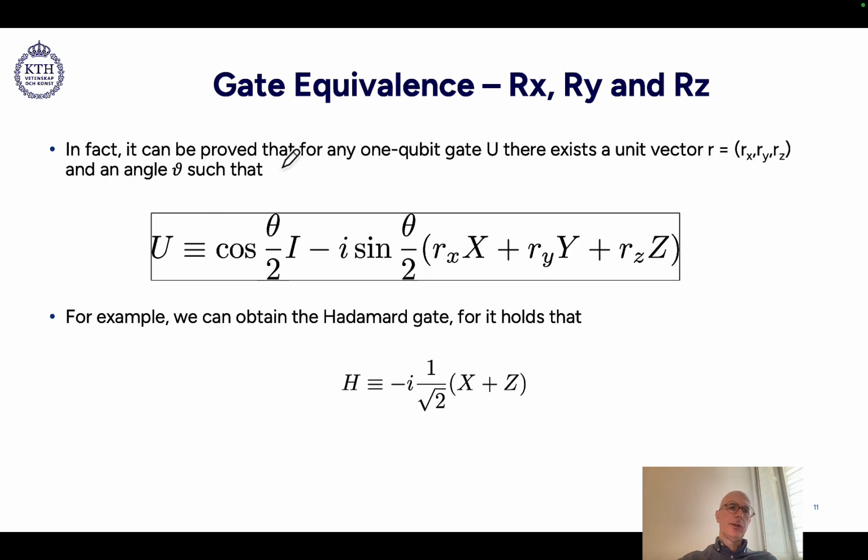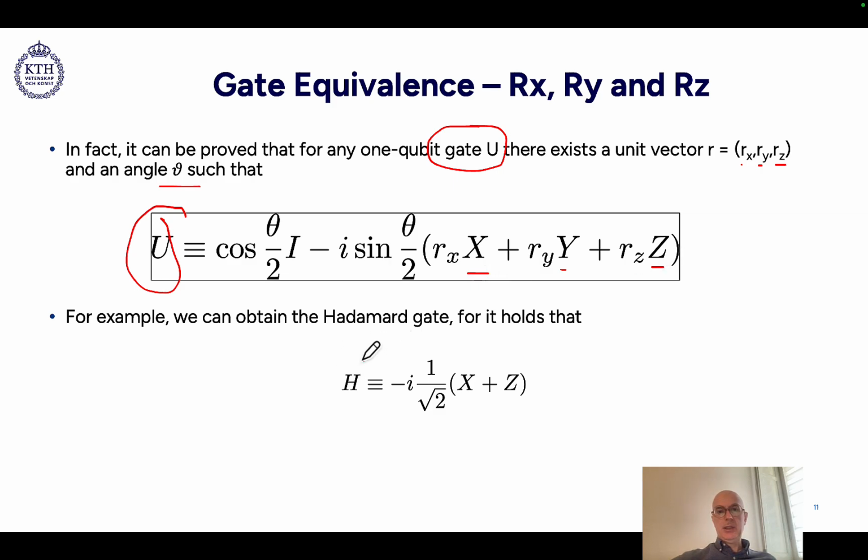At this point, it is also nice to talk about gate equivalence for Rx, Ry, and Rz. It can be proved that for any qubit gate, there exists a unit vector with components x, y, and z, and an angle theta such that we can express our gate using the X, Y, and Z rotations.